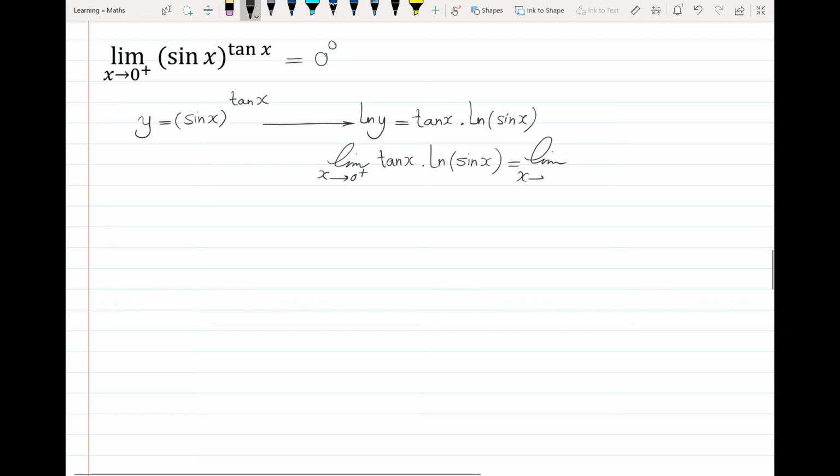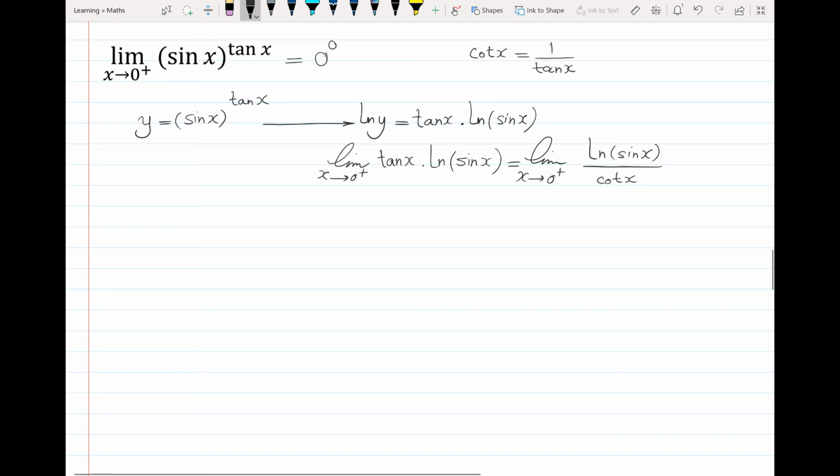If we move tangent of x to the denominator, it becomes cotangent of x, because we have to write 1 over tangent of x in the denominator. But 1 over tangent of x is cotangent of x. We know this relation in trigonometry. So instead of writing 1 over tangent in the denominator, we write cotangent of x.